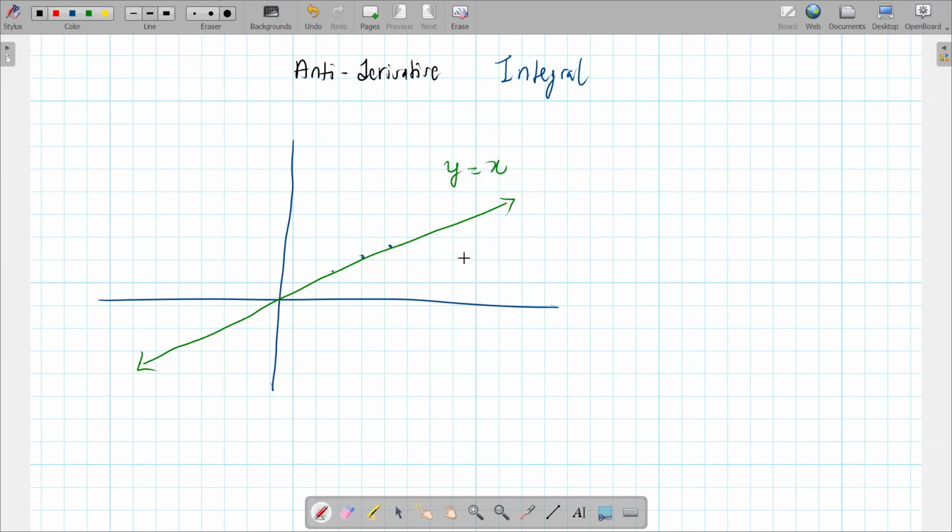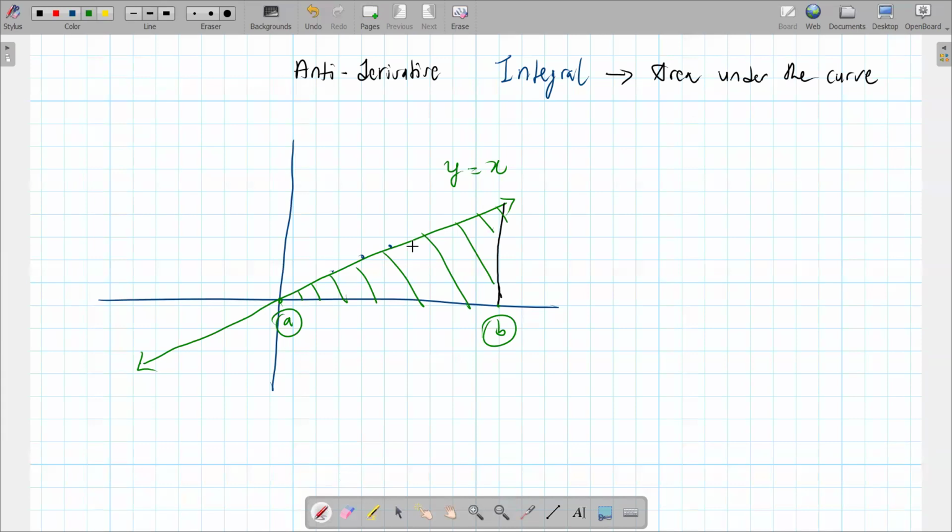Integral is the area under the curve. So let's turn this into a triangle, so we have something to work with. Integral is the area of this curve from point A to point B. Let's say this is point A. Let's say this is point B. Integral is the area.